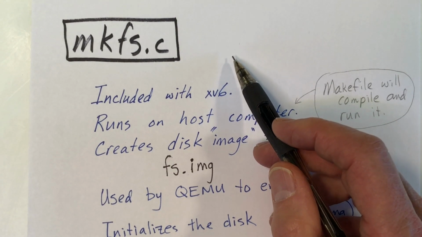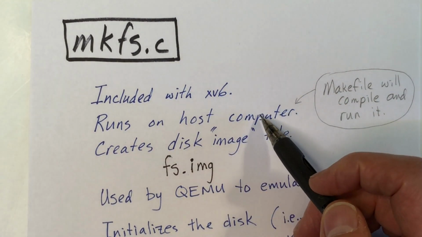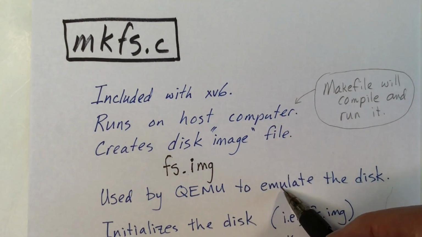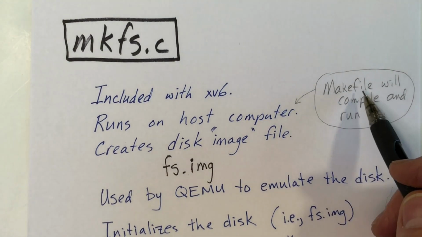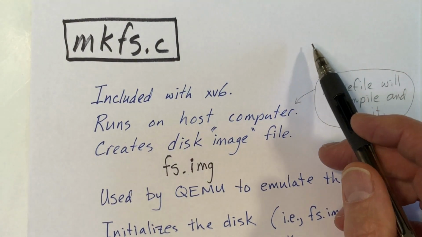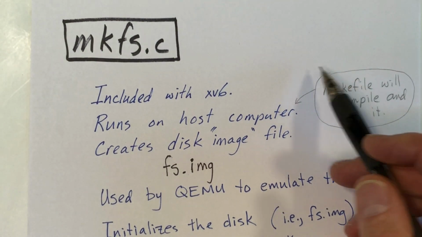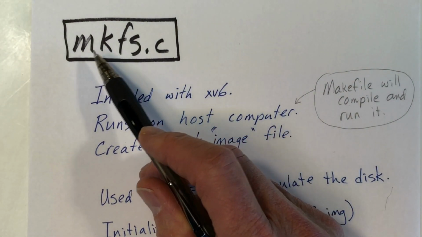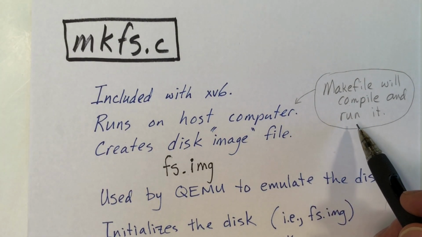Instead, it's a separate C program. It's compiled on your host computer, and it runs on that computer just as the QEMU emulator runs on that host computer. When you run the makefile, it compiles the xv6 kernel, and it compiles all of the user mode programs, and it also compiles this mkfs program and runs this program as well.